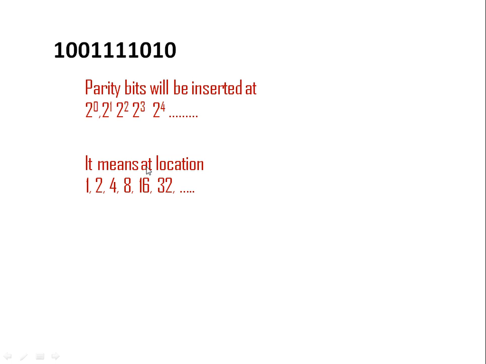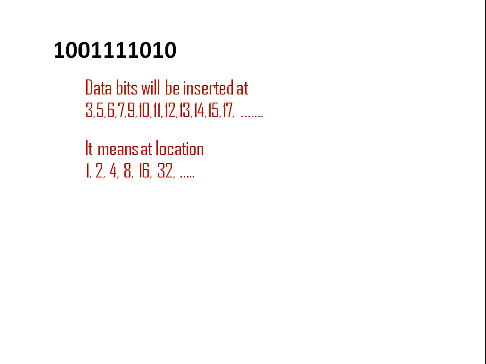These are the locations at which we insert parity bits, and in the remaining positions we insert our data bits. The remaining positions are 3, 5, 6, 7, 9 and so on. So our data is inserted at these locations, and 1 to 4 will have parity bits.